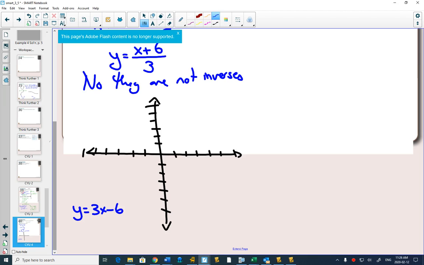It's a line. It's in y equals mx plus b form. So you know that your y-intercept is at minus 6. Your slope is 3. So you go up 3 over 1, up 3 over 1. There's your blue equation.